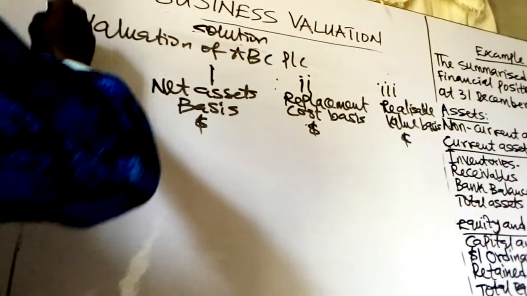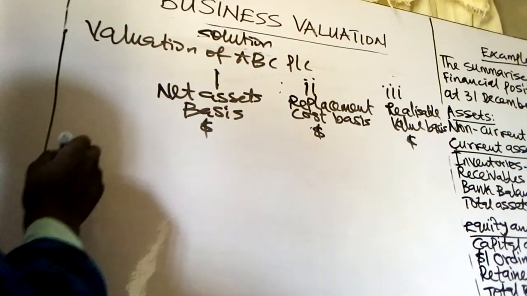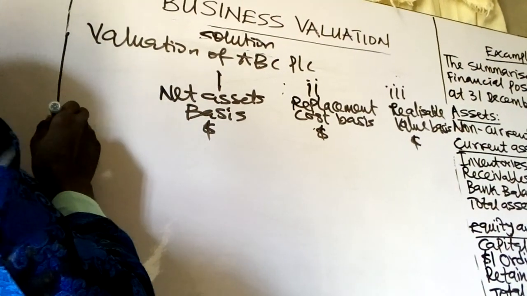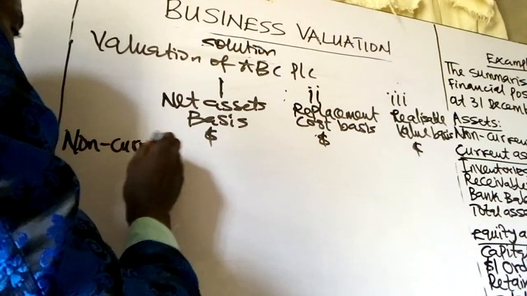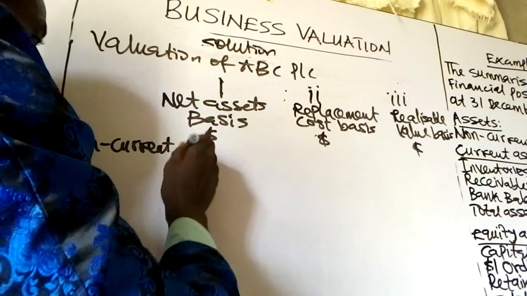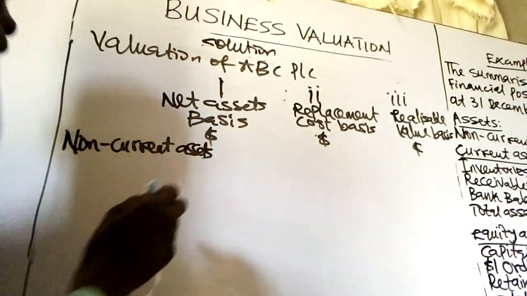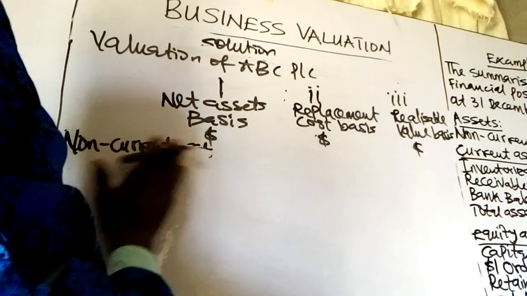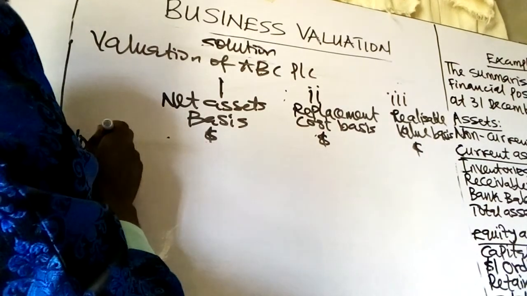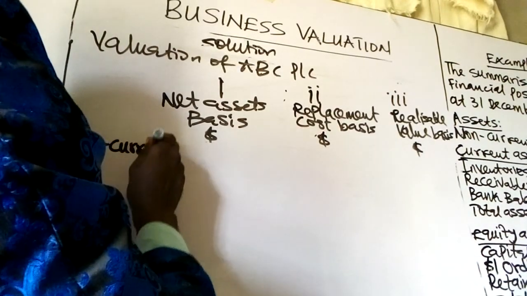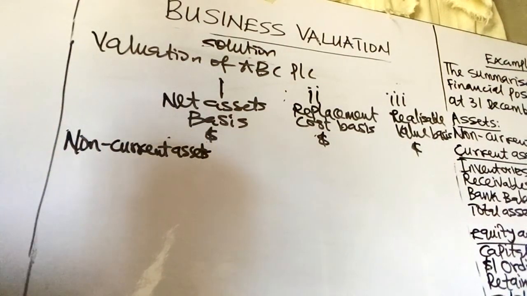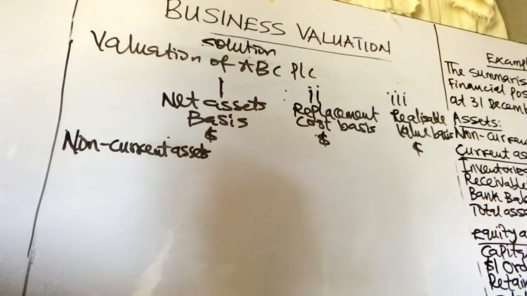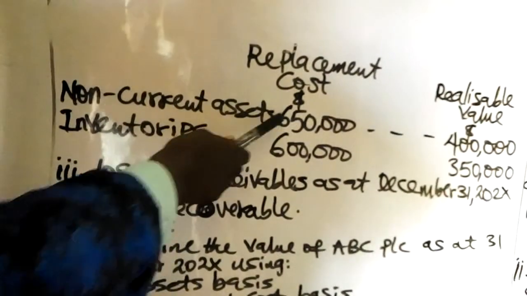So I've told you that to value a business using this method, you start with non-current assets. So you are given the replacement cost.